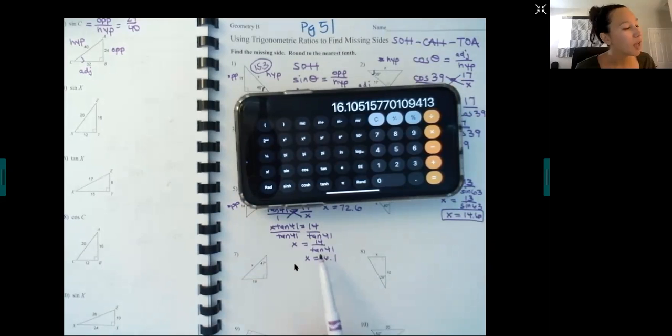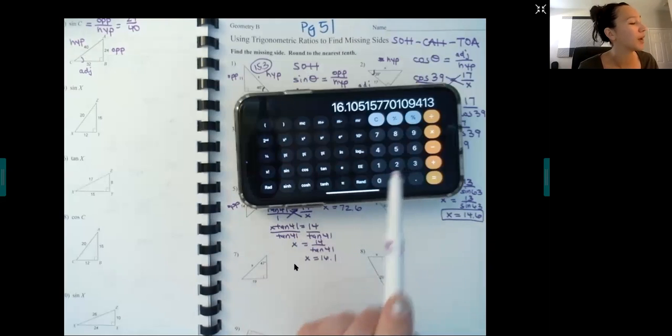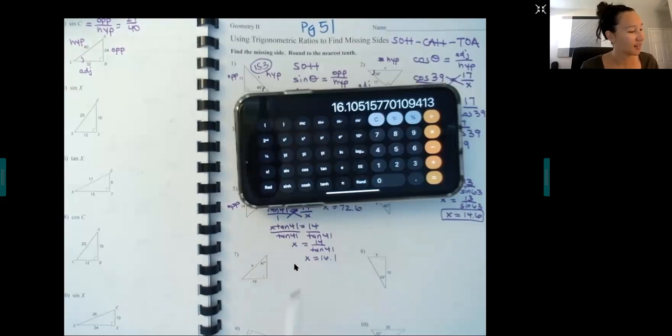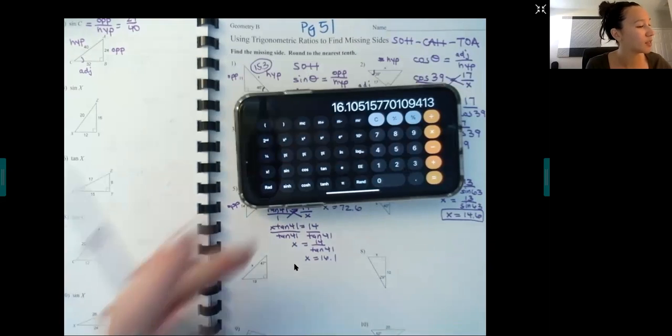Okay, so I did get it. You have to do the angle first. I don't know why it won't let you do tangent 41. You have to do 41 tangent. Oh, okay. I put in the tangent first, but it didn't seem right. I didn't know the order mattered. Yeah, so do the reverse and then you'll get 16.1.